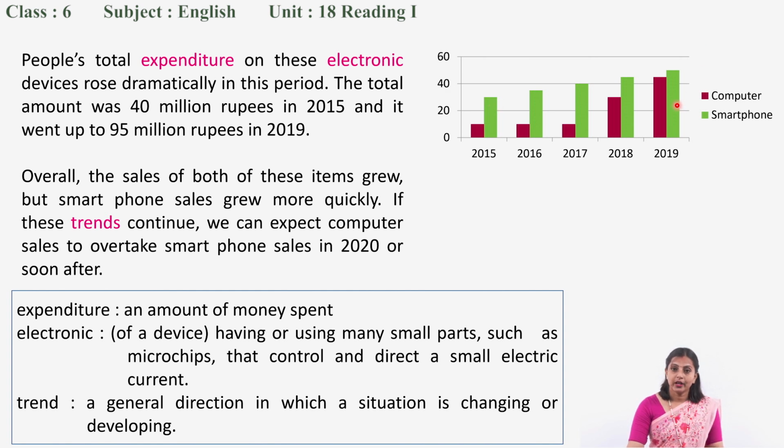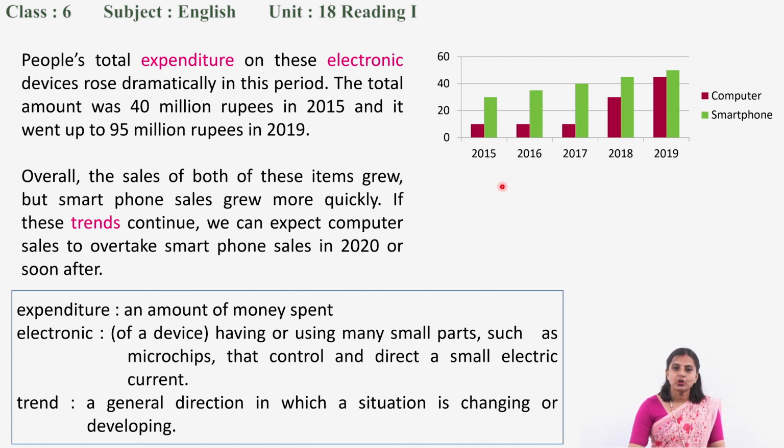Whereas in 2019, how much did it become? 45 plus 50, how much? Yes, exactly, 95 million. From 40 million to 95 million. You see what a rise that is, what an increment that is.